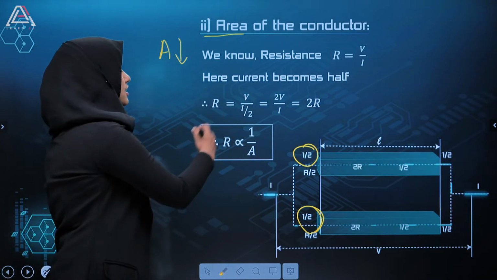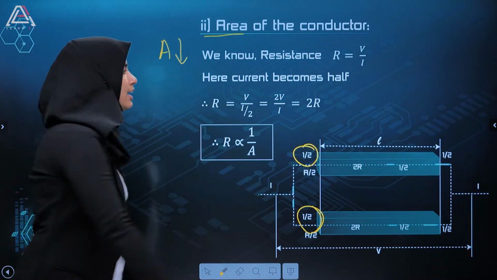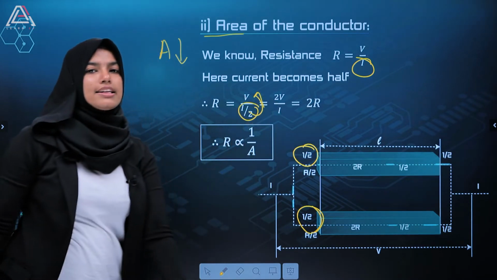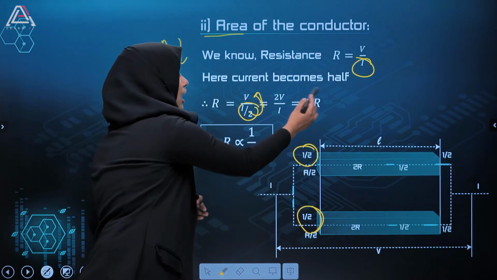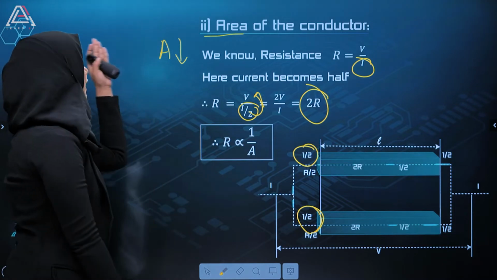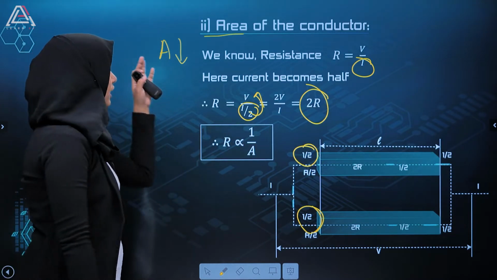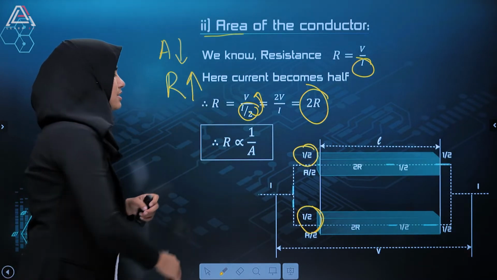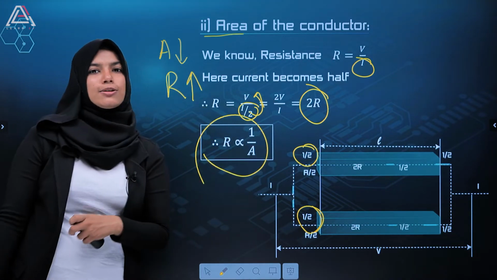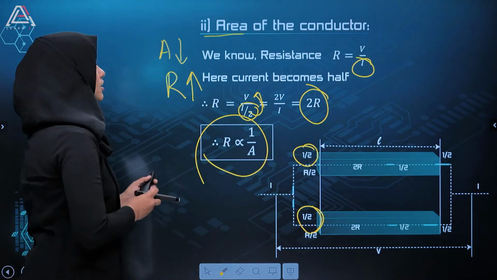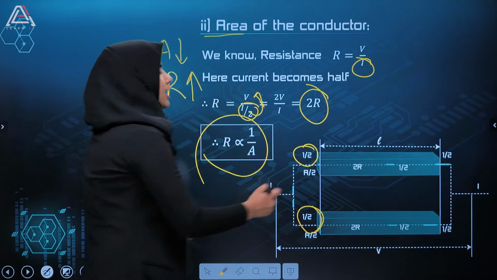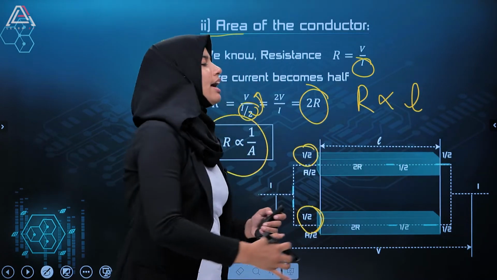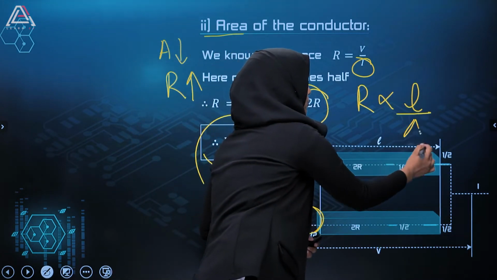Our equation is R is equal to V by I. Instead of I, I can write I by 2. So 2 comes up and I get 2 into R when the area is reduced. So when area is reduced, resistance is increased. So resistance is inversely proportional to the area. So we got that resistance is directly proportional to length and inversely proportional to area.